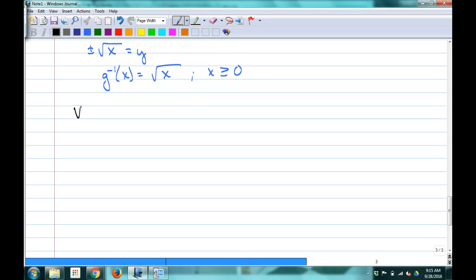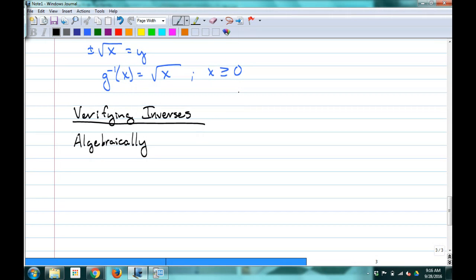All right, last thing in this section is verifying inverses. Okay. Two different ways you can do it. One way is algebraically, and we'll cover that first. Algebraically involves the function composition that we did in section 1.